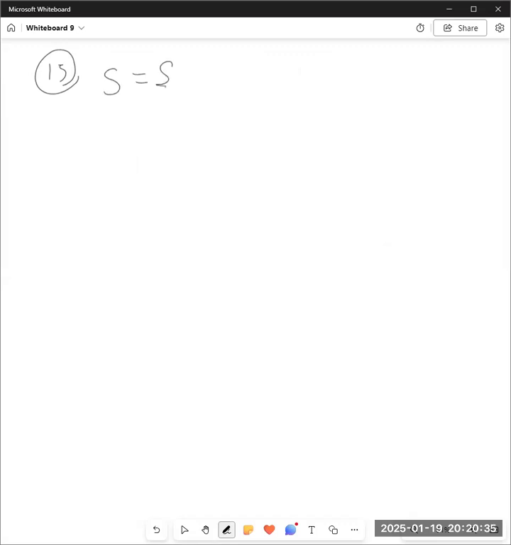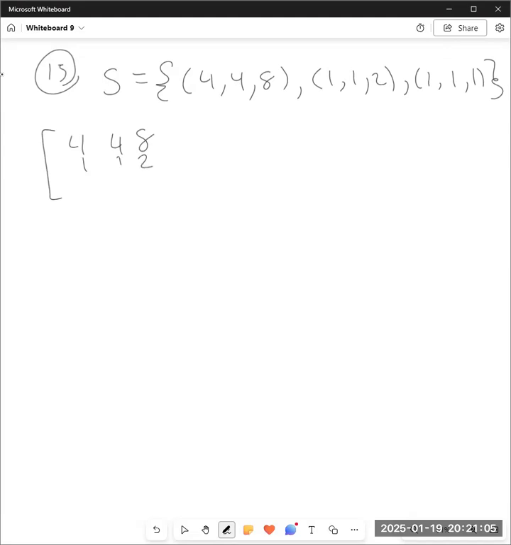S equals, and I don't know why the hardest of these problems is first, but it is. So we have 4, 4, 8, 1, 1, 2, 1, 1, 1. That we set up those row vectors there.